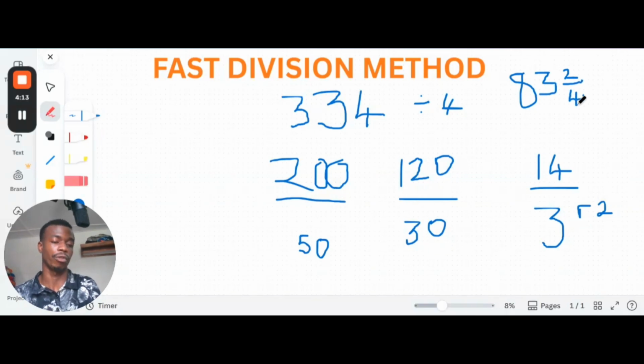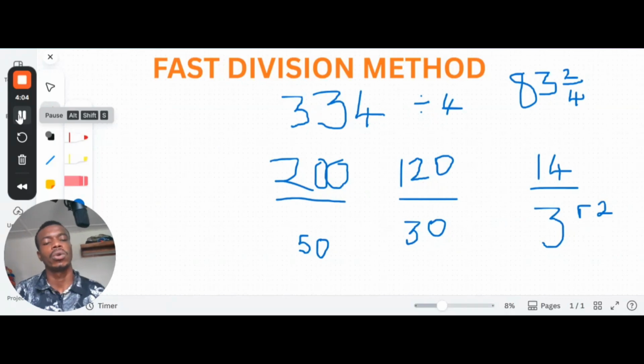All right. From the principle of equivalent fractions, we know that 83 and 2/4 is the same as 83 and a half, or 83.5. So what have we learned? We're basically saying that we can break down larger numbers that we find difficult to divide into smaller numbers we can divide easily.